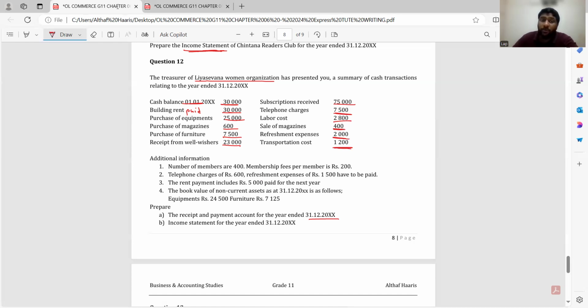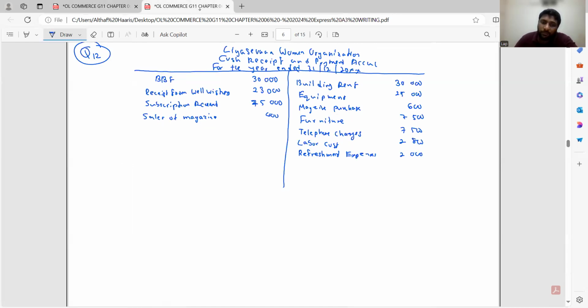Transportation cost, 1,200, outflow. So we are done with the cash receipt and payment account.